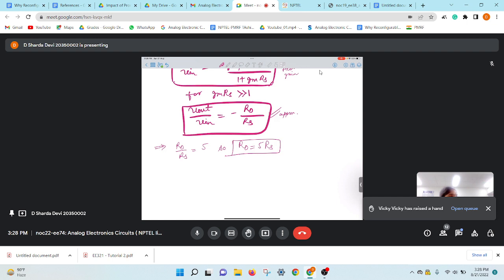But I'm getting one equation and two variables, so I cannot proceed further. First of all, we cannot use the R1 plus R2 expression here, because we have to find the value of RS. So that expression is eliminated.